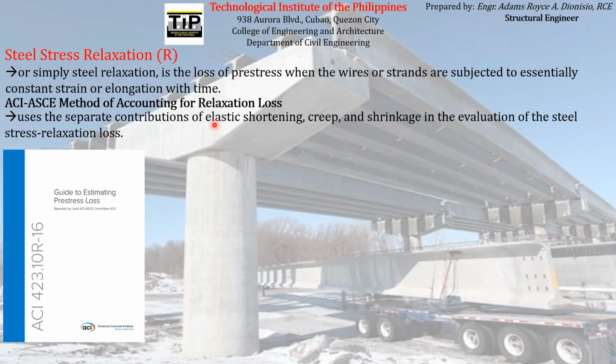Unlike the formula given a while ago, which is just dependent on the time after jacking, the fpy of the pre-stressing reinforcement, as well as the stress being experienced by the pre-stressing reinforcement at time t after jacking in hours, the method of ACI-ASCE uses the separate contributions of elastic shortening, creep, and shrinkage in the evaluation of the steel stress relaxation loss.